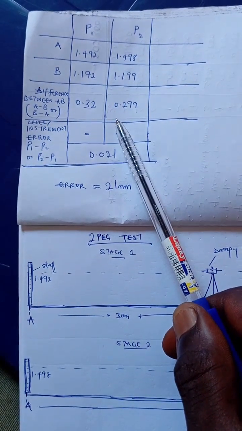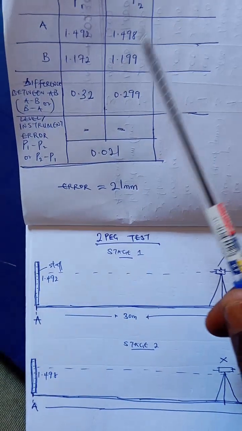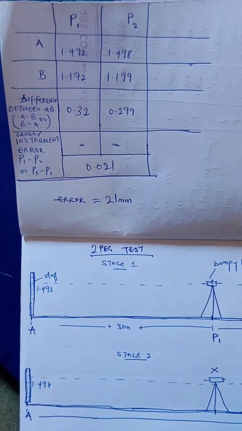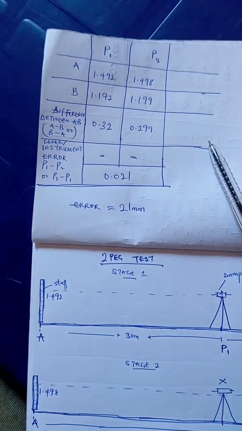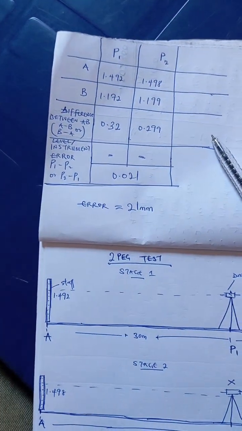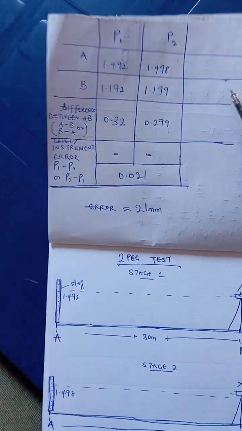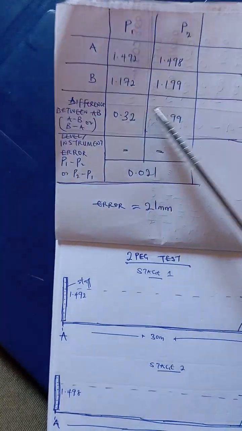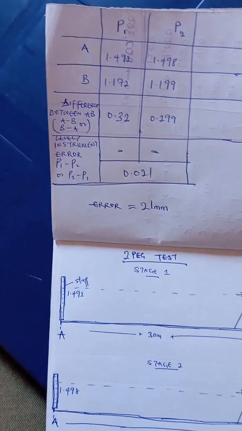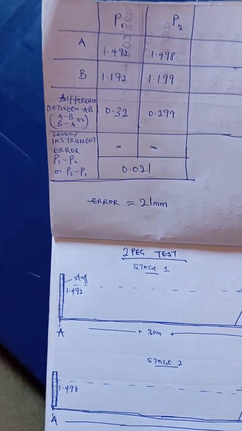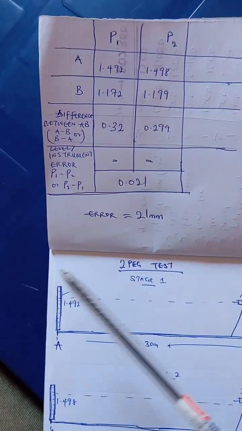So ideally, in a normal condition, there is no error due to parallax or different points where the staff was placed. No, all these things are prone to some slight error. You understand?